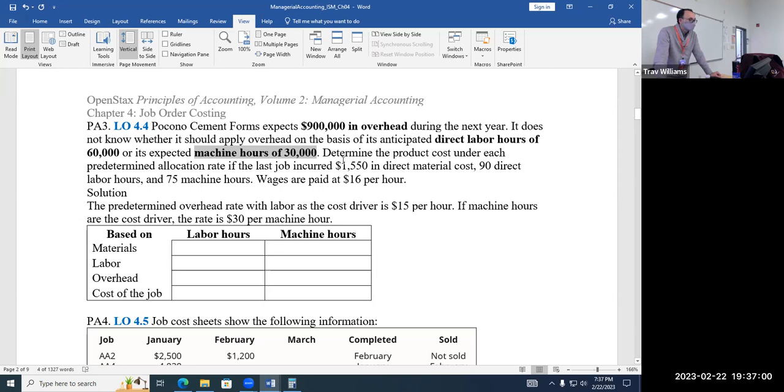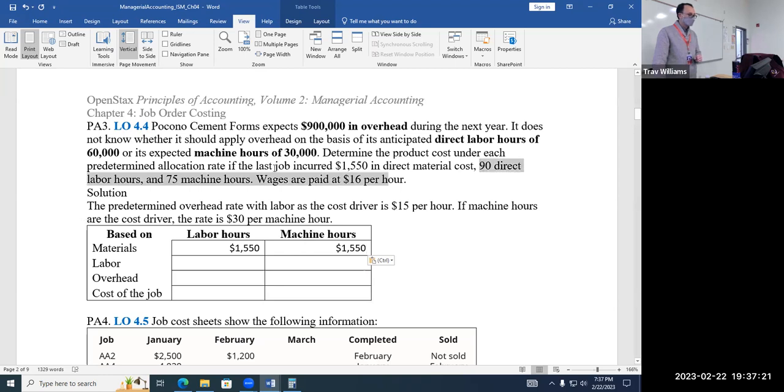So for this particular job that they are using as an example, there are $1,550 of materials costs. So we're going to put that in both columns because that's going to be the same regardless of their overhead allocation rate. Same thing with their labor.